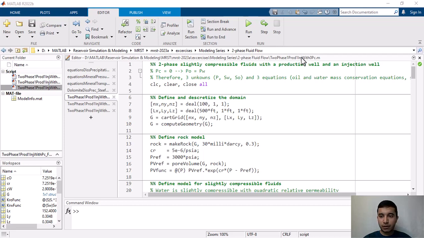In the first part, I'm going to talk about two-phase fluid flow modeling in porous media, but I'm going to consider that there's no pressure discontinuity between the two phases. In other words, the capillary pressure is zero, all right?